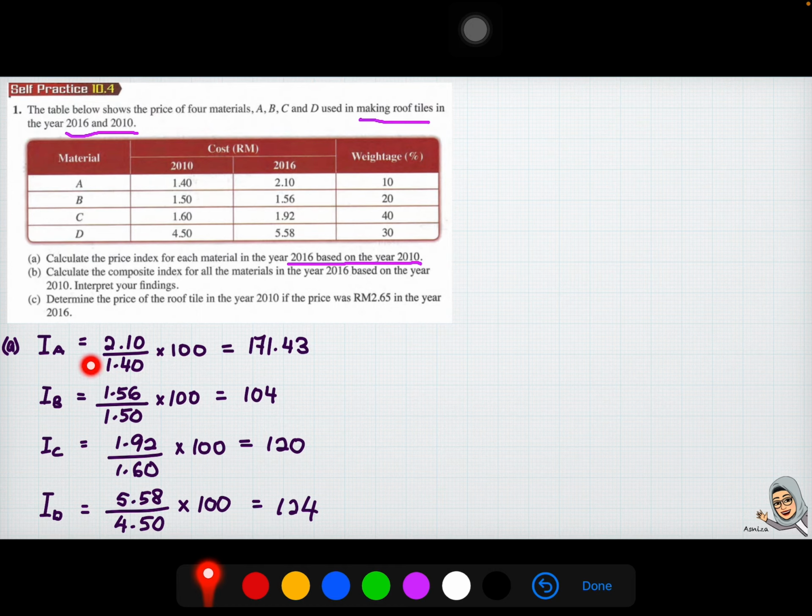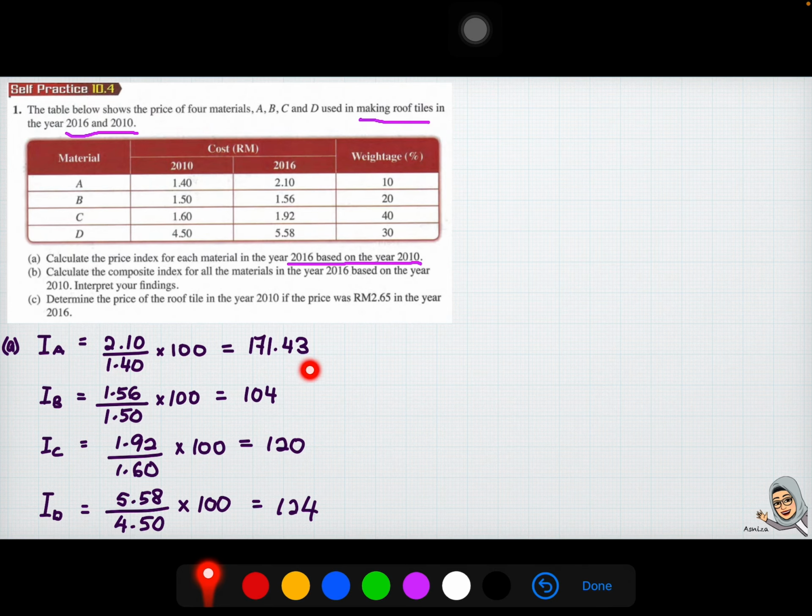So the price of 2016 is 2 ringgit and 10 cent ratio to the price of material A in 2010, which is 1 ringgit and 40 cents. Then multiply with 100, so we have 171.43 as its price index.